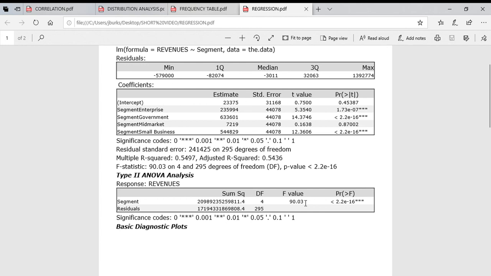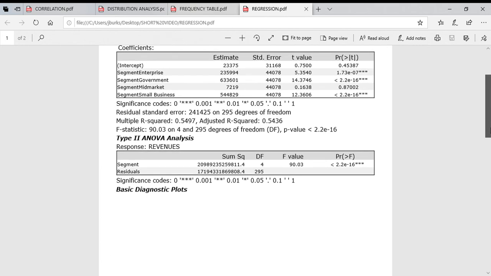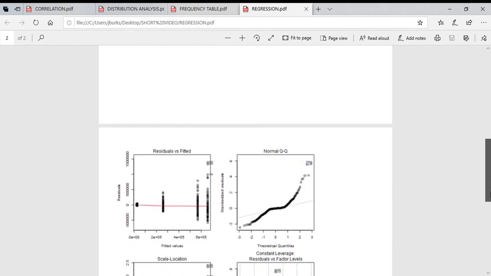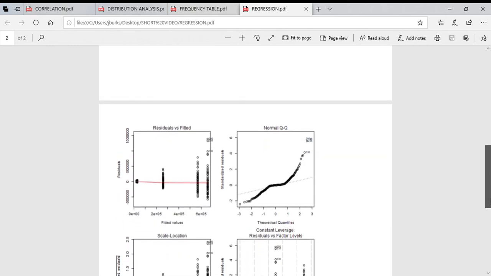And then you look at the F value, compare that to the F critical values to see if you should reject your hypothesis. Okay, and then down here you have some other graphs showing the residuals versus the fitted.